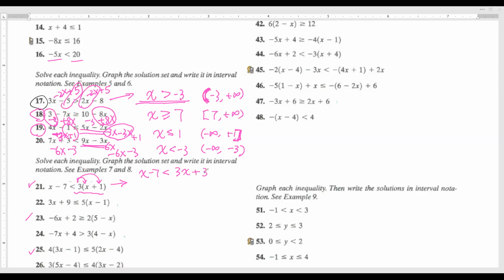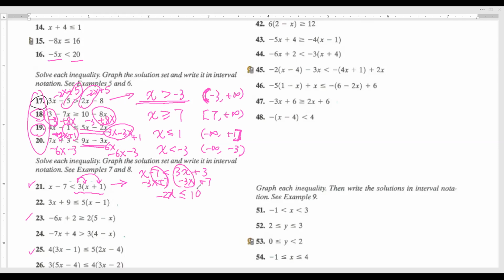After distributing inside, you can do the same as in 7 to 9, right? So you can say both sides minus 3x, both sides plus 7. Why do we plus 7? So we make this disappear. So the left became negative 2x, less than or equal to 10.